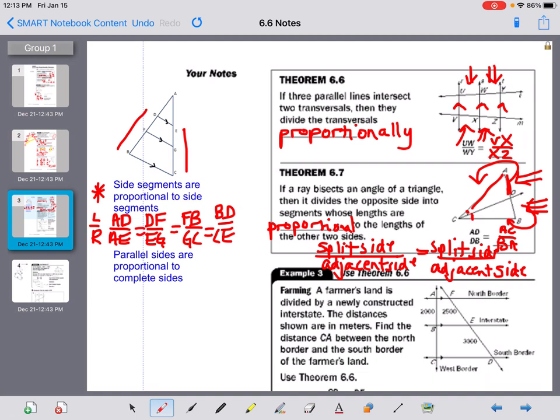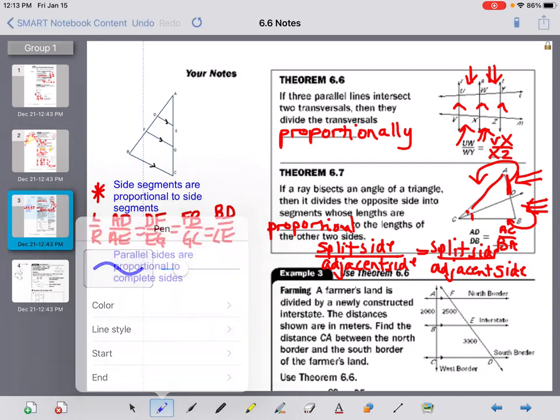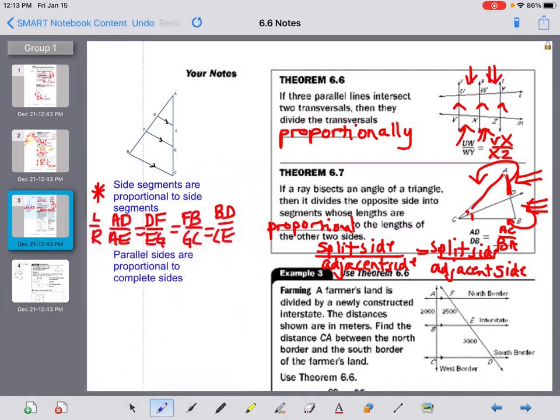All right, now the second rule though, this is the one that you really need to pay a lot more attention to, okay? And this is the one that if you don't pay attention to it, sorry, I thought that was the eraser, you're going to be very confused later and not get correct answers. So this second one: parallel sides are proportional to complete sides, okay?